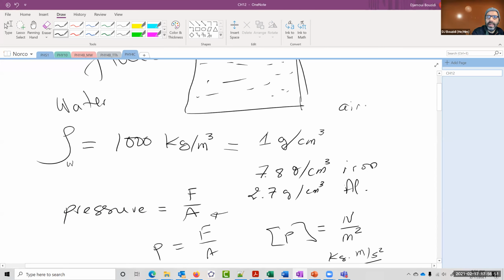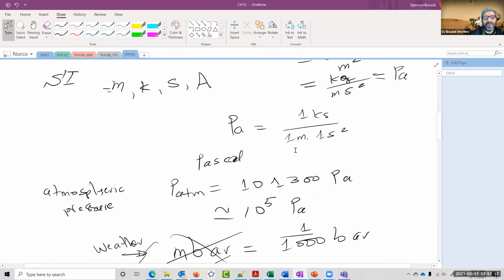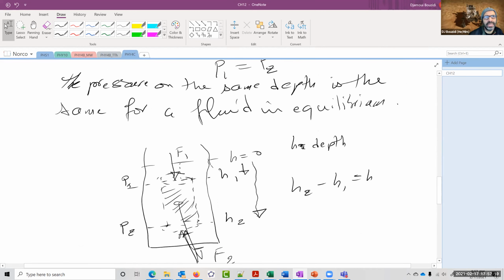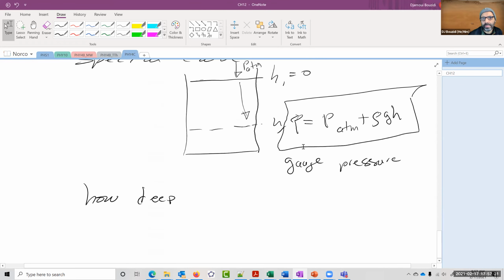The density of air is 1.29 kilograms per cubic meter, or 1.29 times 10 to the negative 3 grams per cubic centimeter. It's about 1,000 times lighter than water. That's useful to remember.